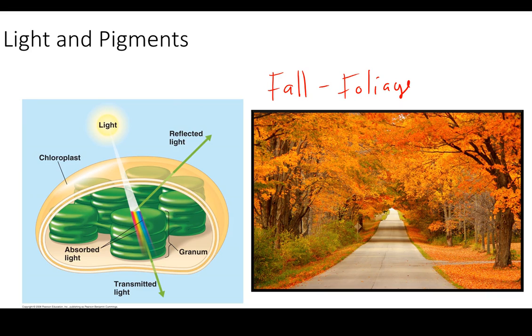Yes, the temperature drops and there's less sunlight. So think about it from an evolutionary perspective. The pigment, chlorophyll, which you'll learn about shortly, is temperature sensitive and doesn't exist in cold temperatures. So it leaves, and the plants don't make it anymore.